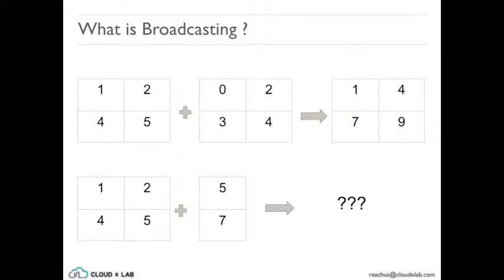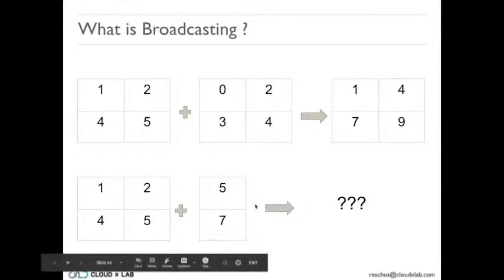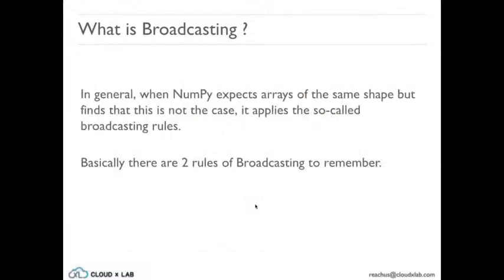We've also seen that if the shapes are very different, it fails. But if there's some sort of compatibility in the shapes, it can actually work. In general, Numpy expects the same shape, but if that's not true, it applies what are called the broadcasting rules. Now there are two types of broadcasting to remember.